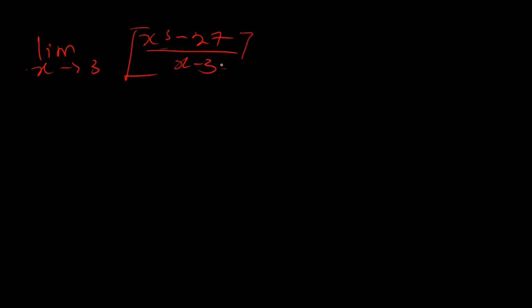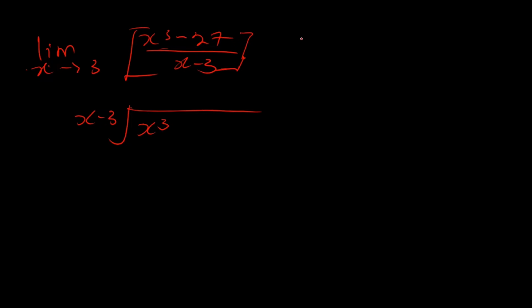So we have limit as x approaches 3 of the function x cubed minus 27 all over x minus 3. This is what we have. So we can use the polynomial division. We have x minus 3 here. It is going into x cubed minus 27.